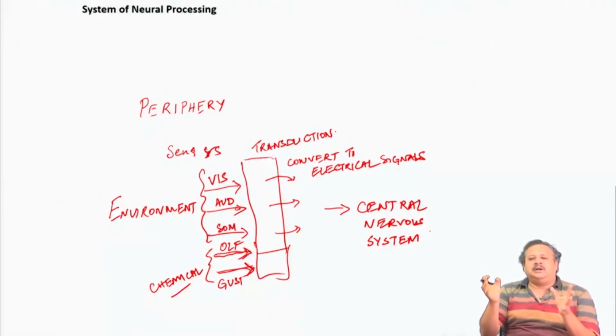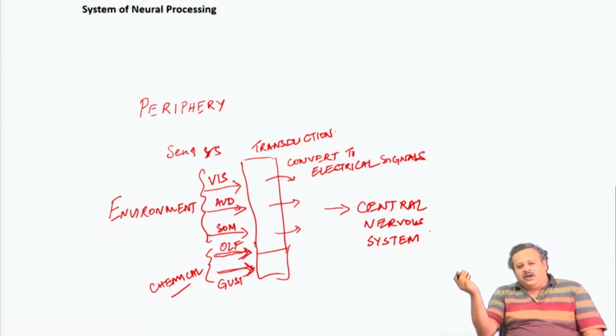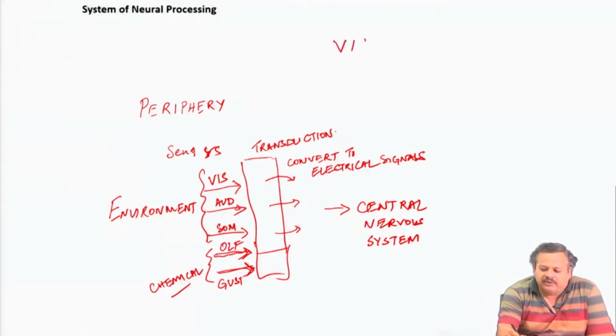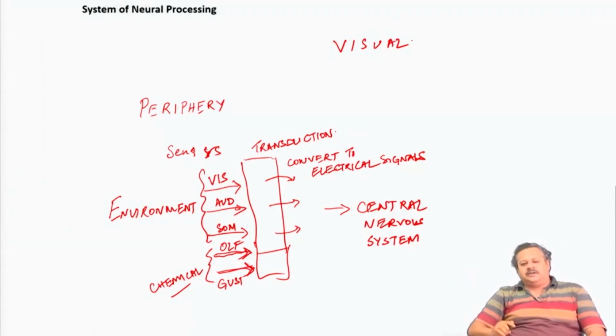We break down the entire sensory stimulus into some very small elements. For example, if we talk of the visual system, this breaking down is into spots of light in the visual space in front of us.